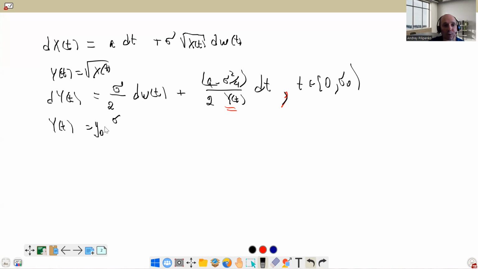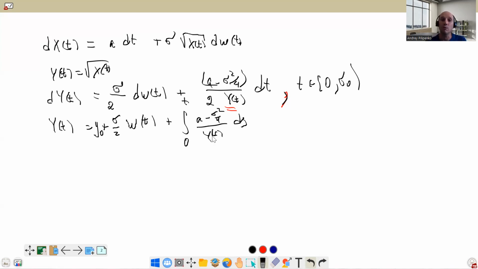Initial point plus sigma over 2 Brownian motion plus integral from 0 to t. Well, assume that there is a solution and everything is defined. (a - sigma^2/4) 1/y(s) ds.